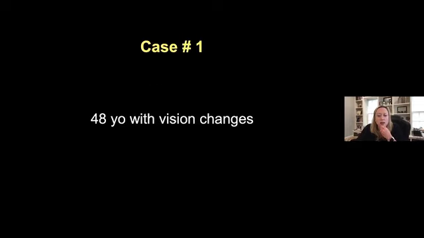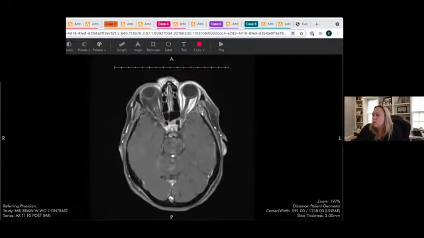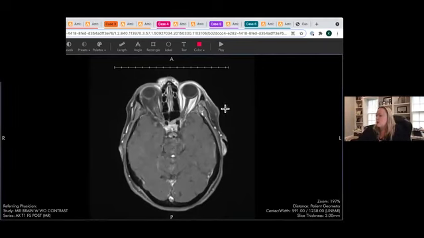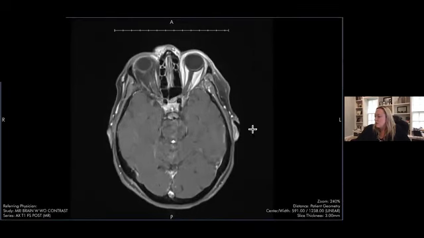So case number 1. We start with a 48-year-old with vision changes. I'm going to pull up the Ambra system here. Here we go. Hopefully everyone can see this. We have MRI images. This is a post-contrast series, and you can see the contrast enhancing inside the vessels.